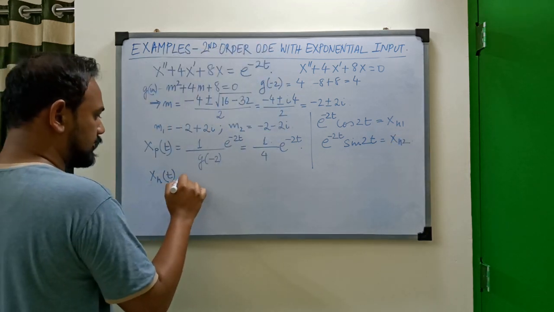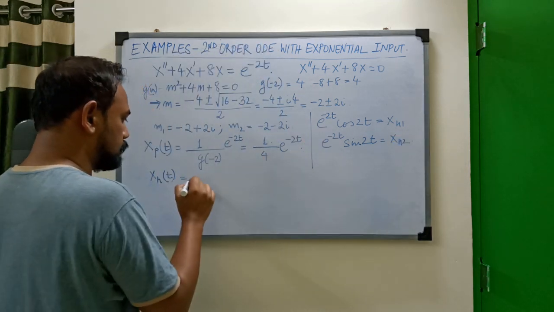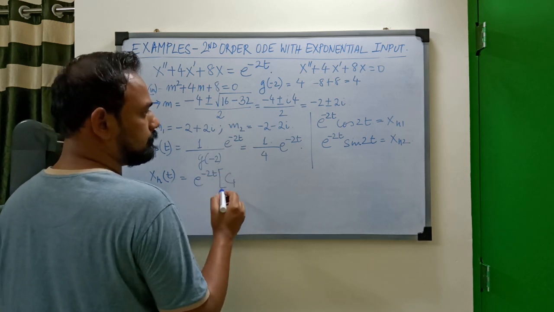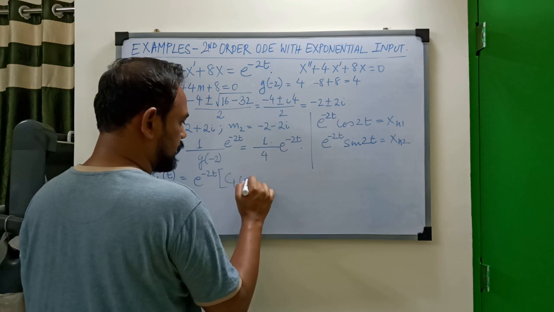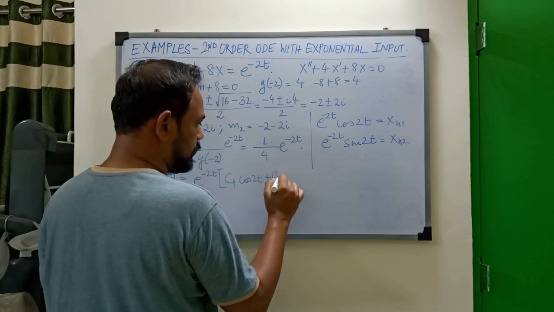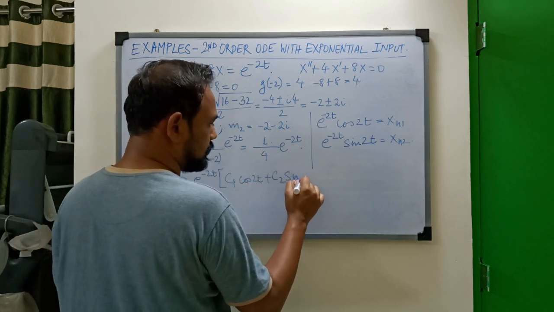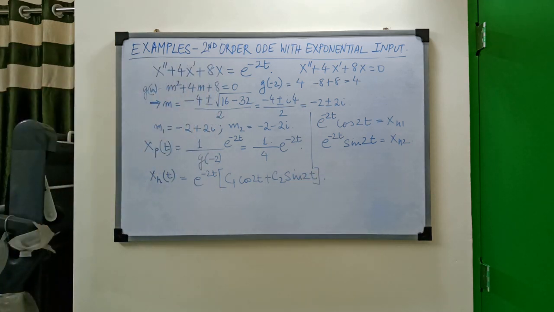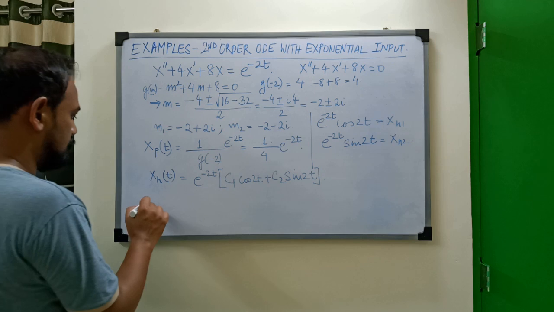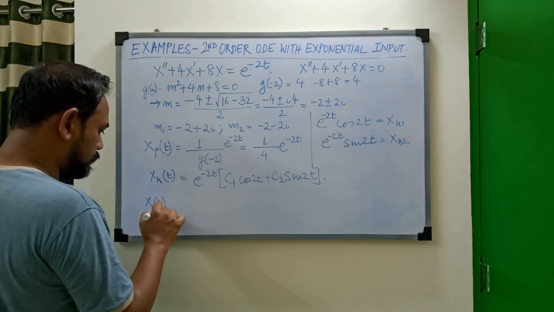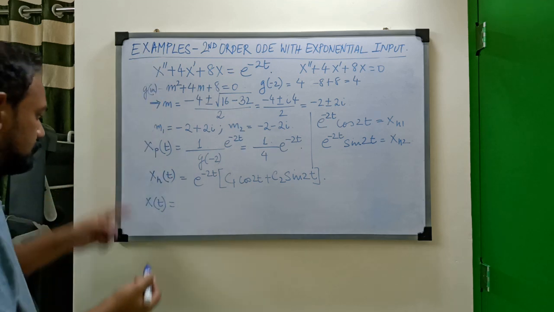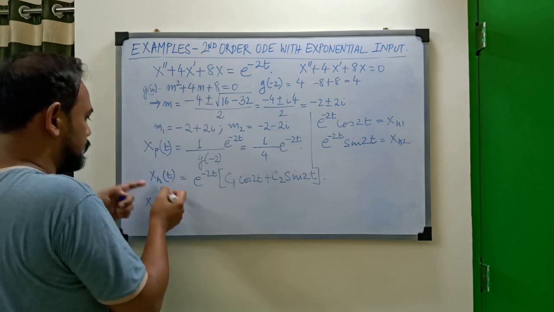So therefore, this will be a linear combination of these two. So e to the power minus 2t, some part of cosine 2t, and some part of sine 2t. Therefore, the general solution, the actual solution, is this plus this.